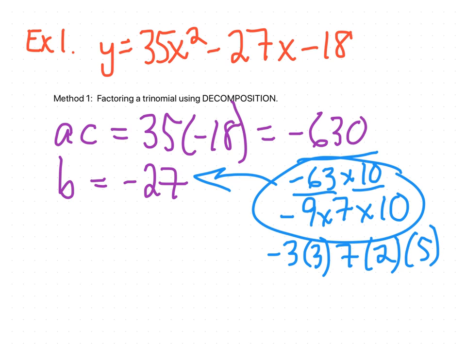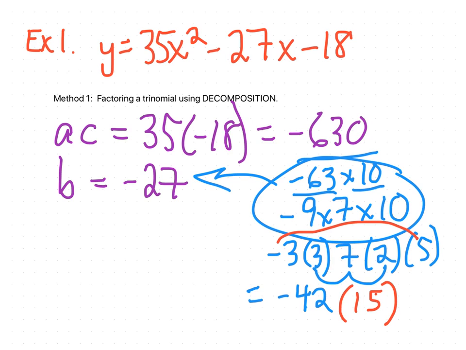And if we group the 3, the 7, and the 2, that will equal negative 42. And if we group the 3 and the 5, that'll give us 15. And I'm going to make the 42 negative. One of these two factors needs to be negative, so it equals negative 630.